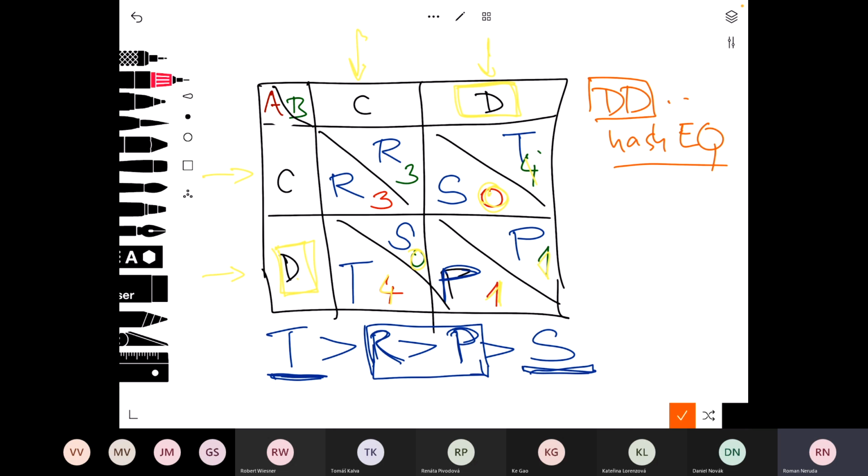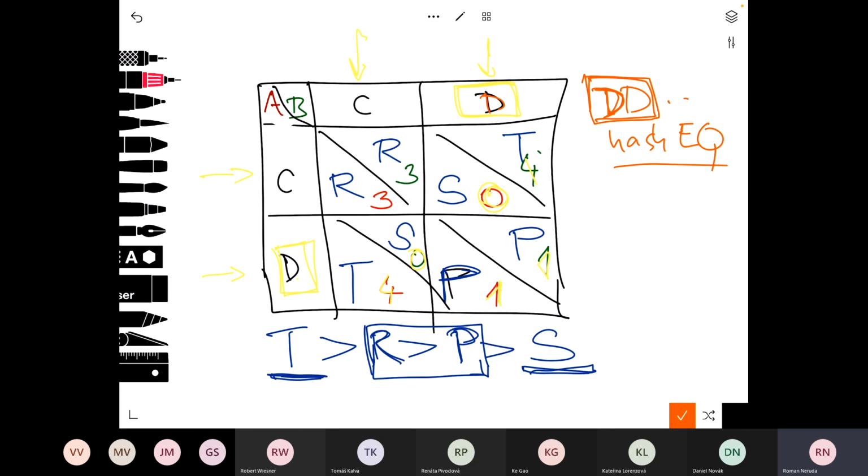What does it say? Well, you are betraying your partner, right? You're playing the strategy that says betray your partner. Why is that? Because if you decide to cooperate and not play defect, then there is a slight chance, or big chance, that your partner is defecting, right?